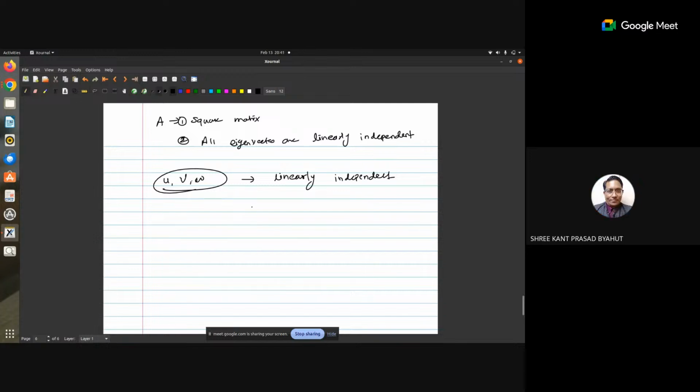Their linear combination equals zero only when all the constants are zero. Another way to look at it is that they are not linear combinations of each other.